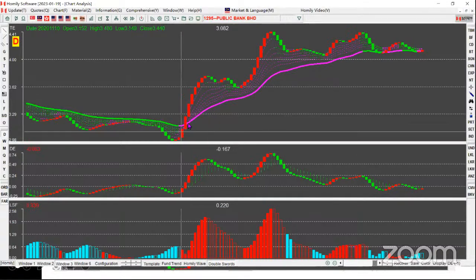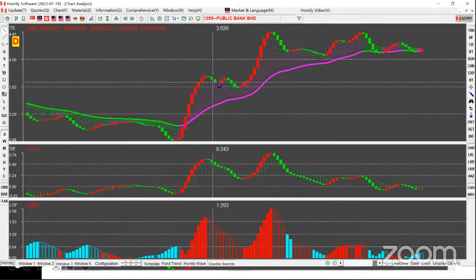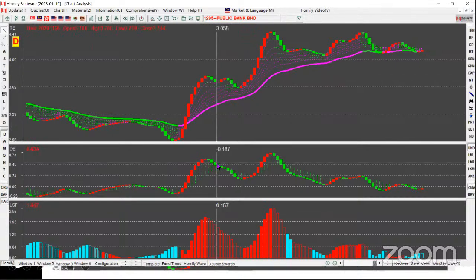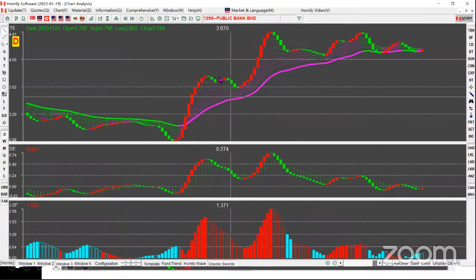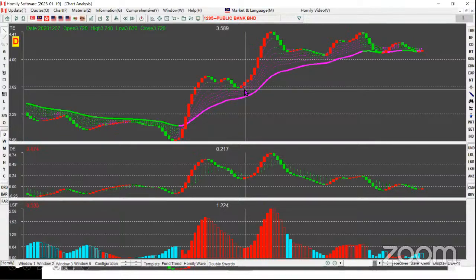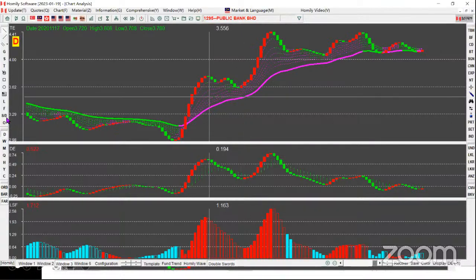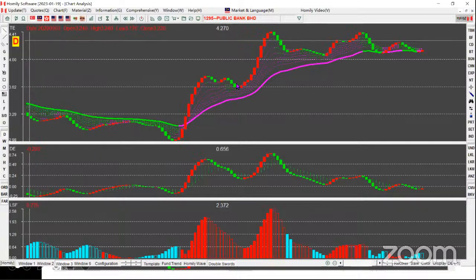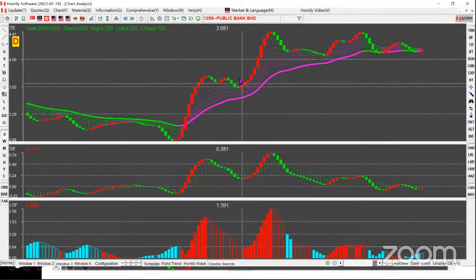It's easy. We find the three red. This one, the first indicator turns red. This one is still green. This one red. So no, cannot buy. So the first buy point will be here. I use a circle.